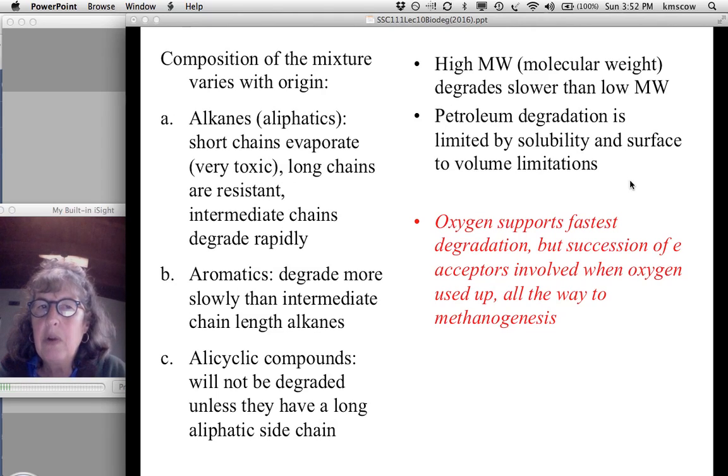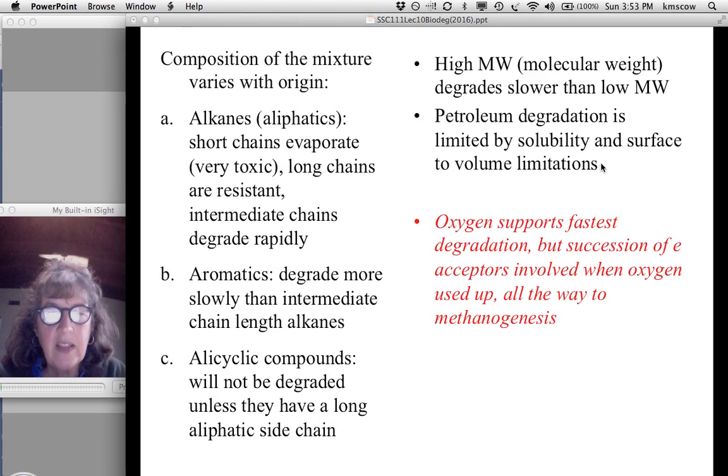They need to be broken into smaller pieces to be able to get rapid rates of degradation, because otherwise the microbes just hang around the outside of it and degrade it as it diffuses. And we'll talk a little bit about that, but surface to volume limitations are a big deal with petroleum.